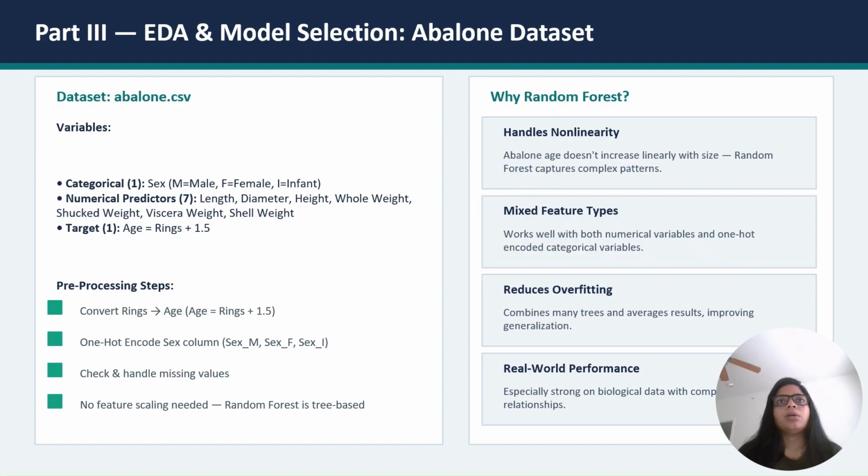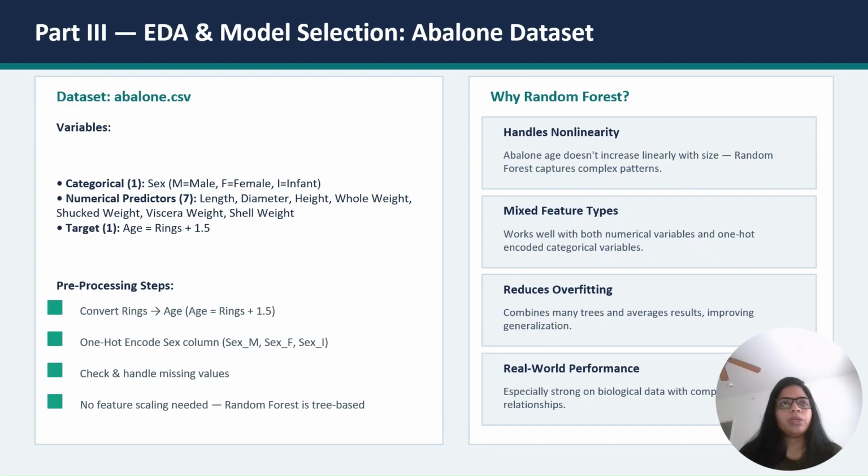Also, the dataset has mixed feature types, so random forest works well with both numerical variables and one-hot encoded categorical variables. Random forest also reduces the overfitting problem, and it has very strong real-world performance. That is why the random forest algorithm has been chosen.